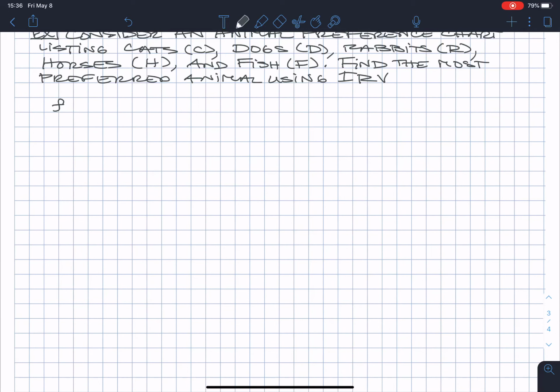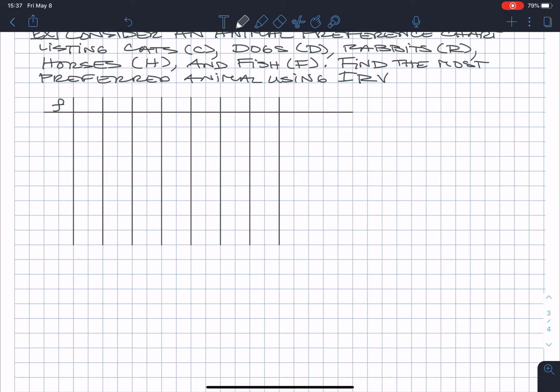Let's do 8 columns, so we'll have 8 different frequencies.